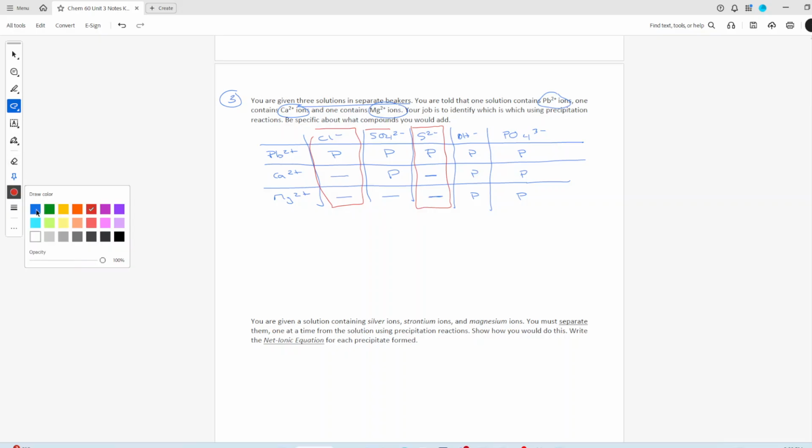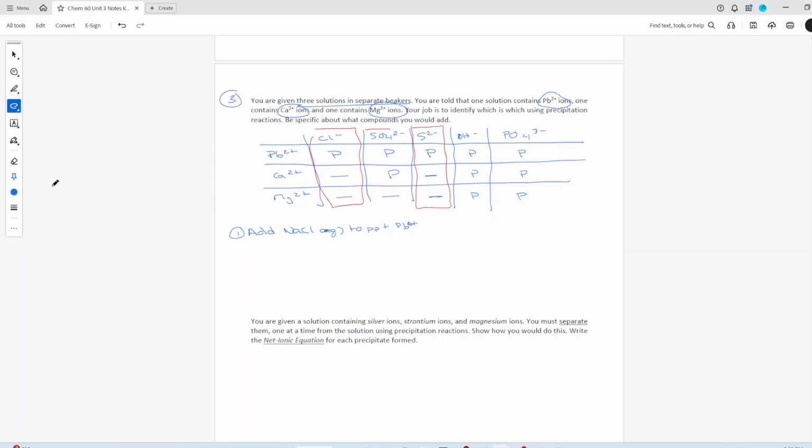So for me, the first thing that I'm going to do is add, let's go, sodium chloride again, to precipitate the lead ion.